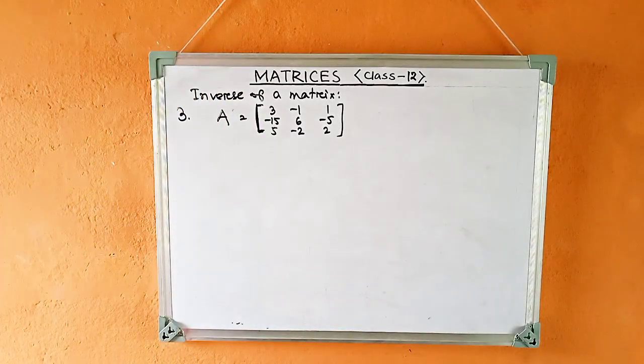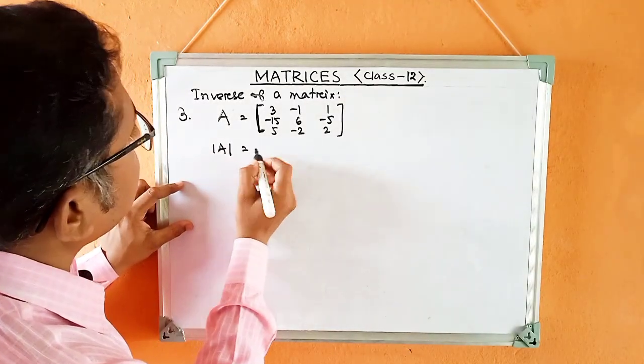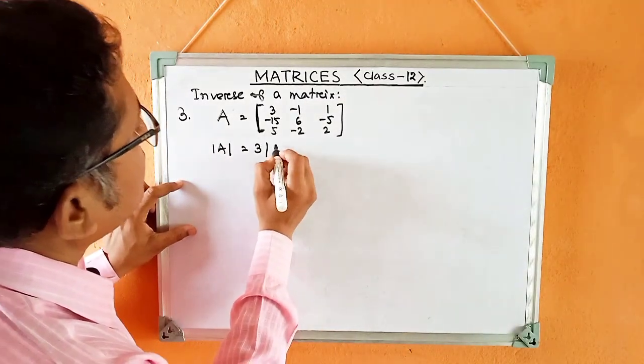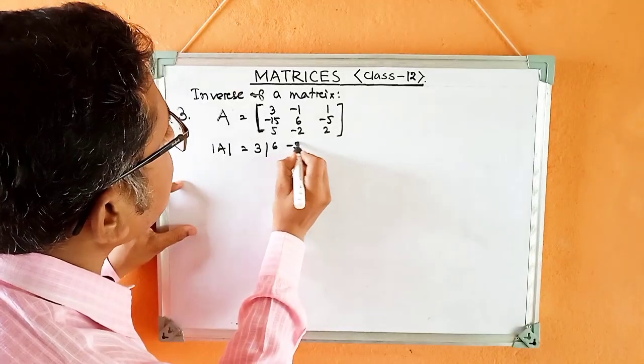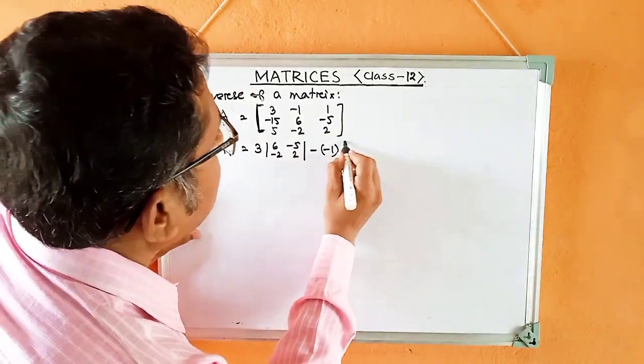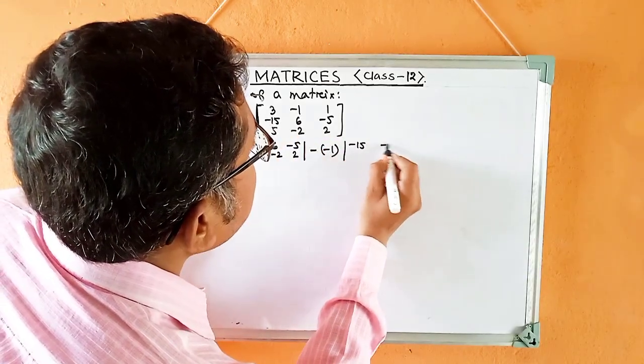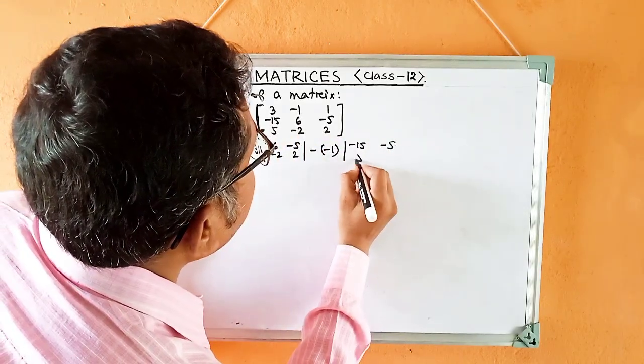First of all, we find out the determinant of matrix A. So determinant A is 3 into determinant of 6 minus 5, minus 2 2, minus of minus 1, determinant of minus 15 minus 5, then 5 2.